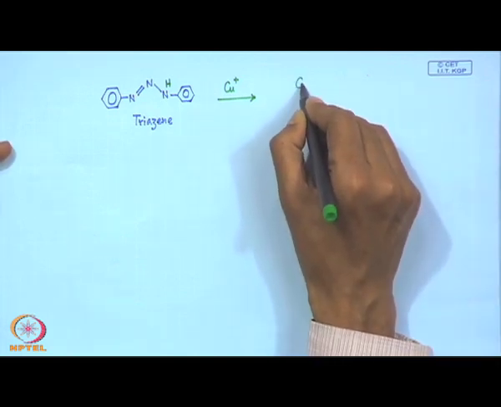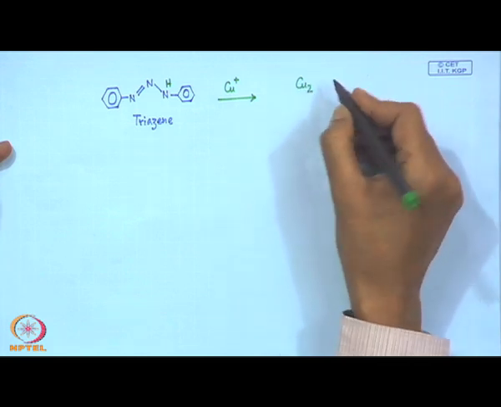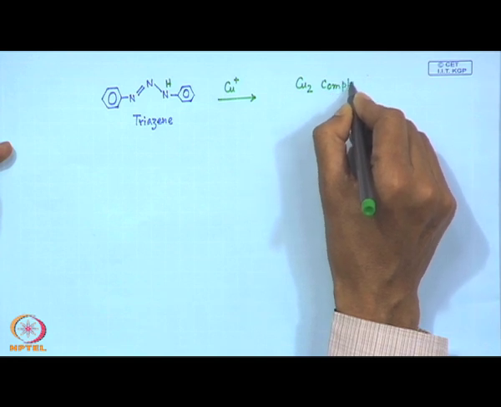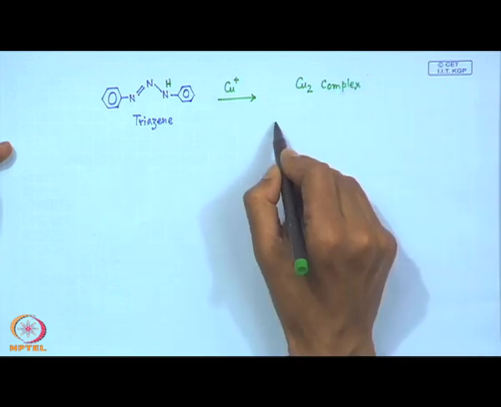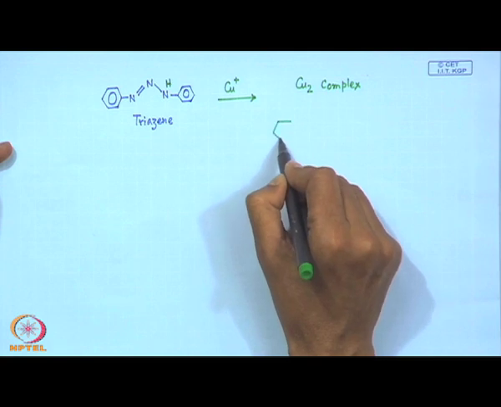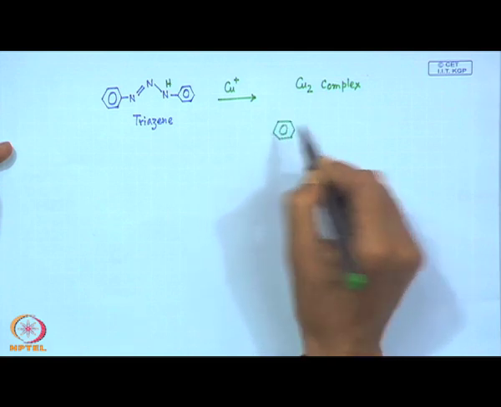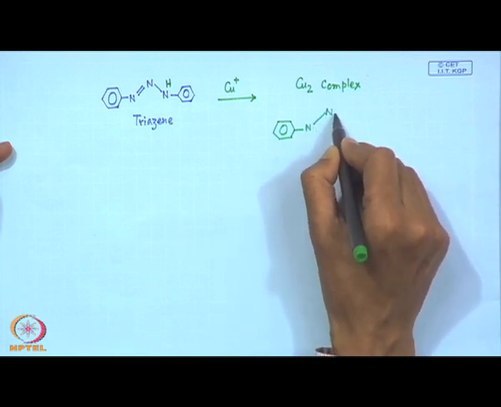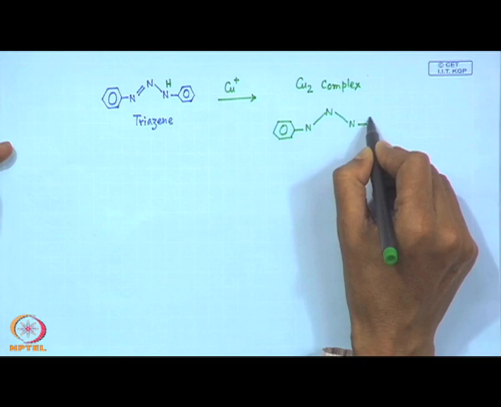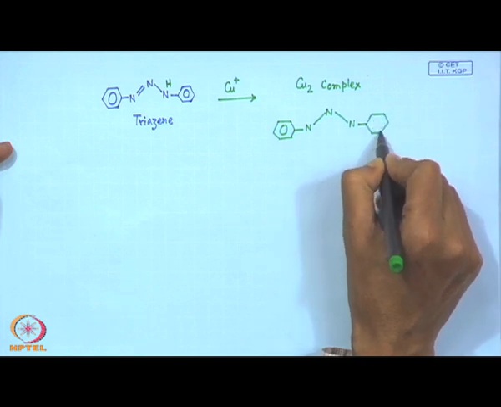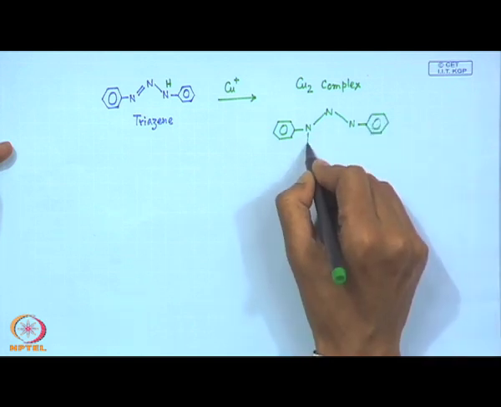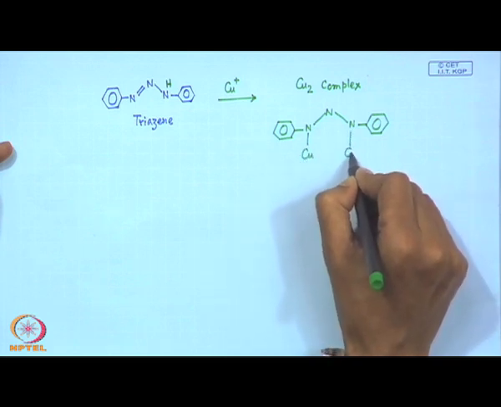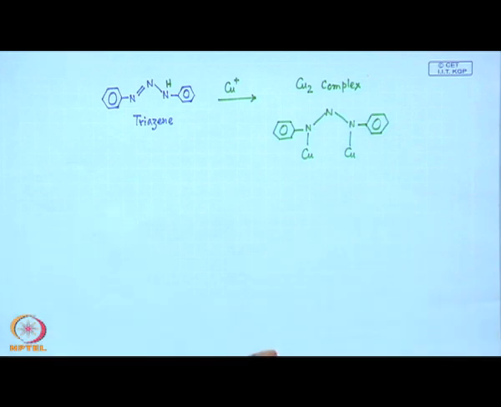So, what we get is a copper 2 complex, where this nitrogen will bind to one copper and this will bind to another copper.